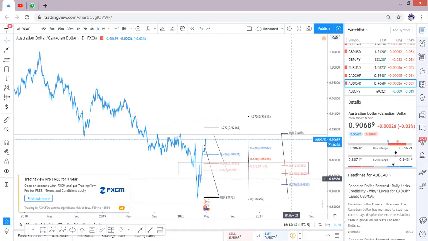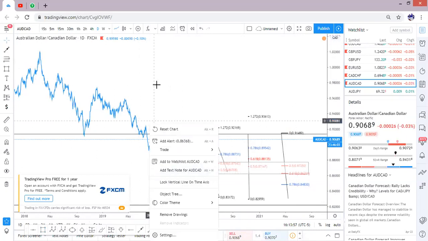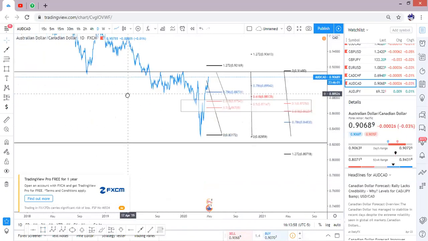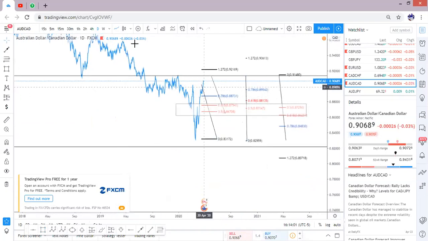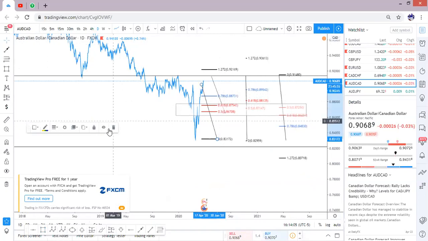I put the fib here, and we have major movement around this area. Let me delete all this. That's not where we are going.